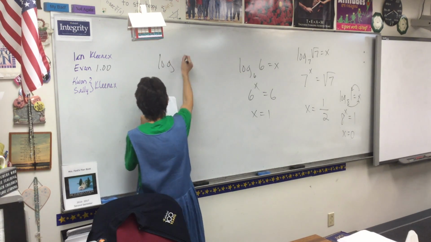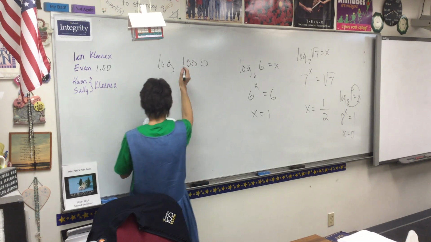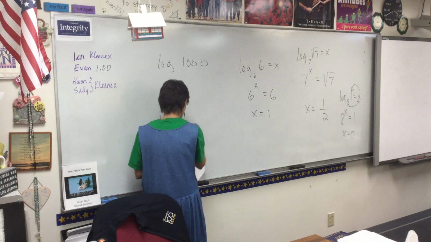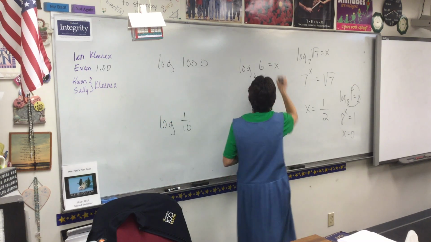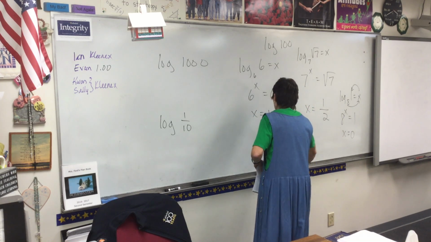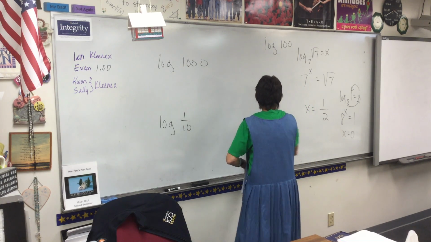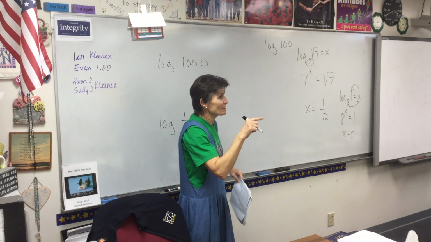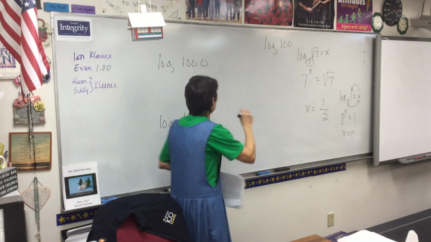What is missing when you look at problem 4 and problem 10 and problem 12? What's missing? The little base number, that's right. The little guy right here is missing. It's 10.